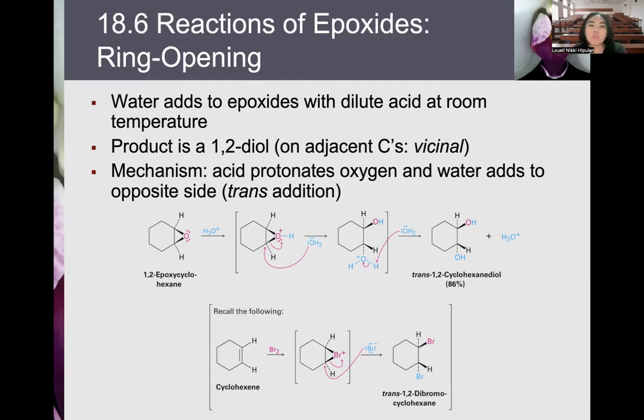It will produce a 1,2-diol. So it will go back to its alcohol form. So ito, si diol, dapat adjacent yung dalawang alcohol mo. Dapat katabi yung carbon nila.